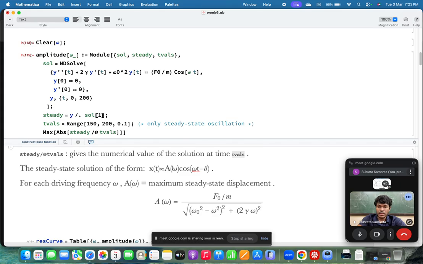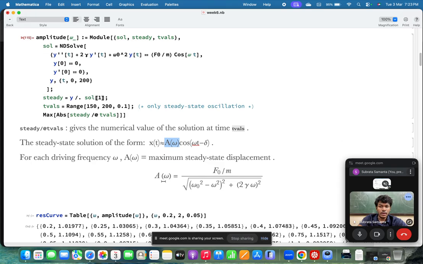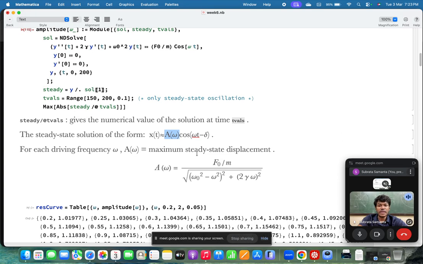So for each driving frequency omega, A(omega) is the maximum steady-state displacement, right.